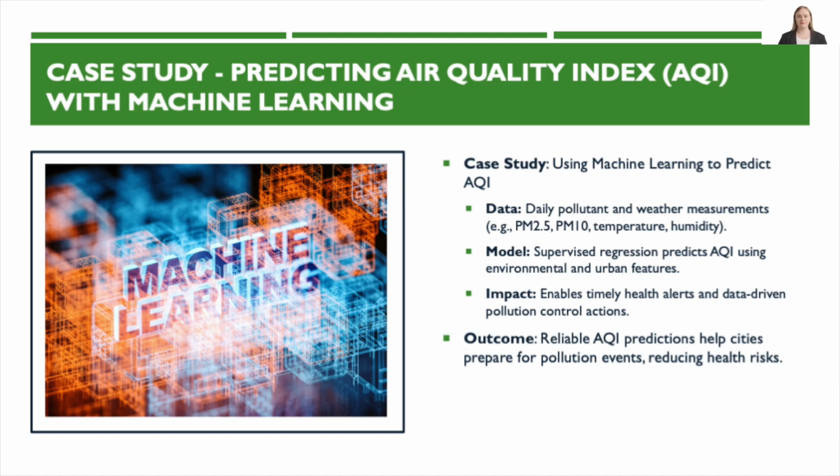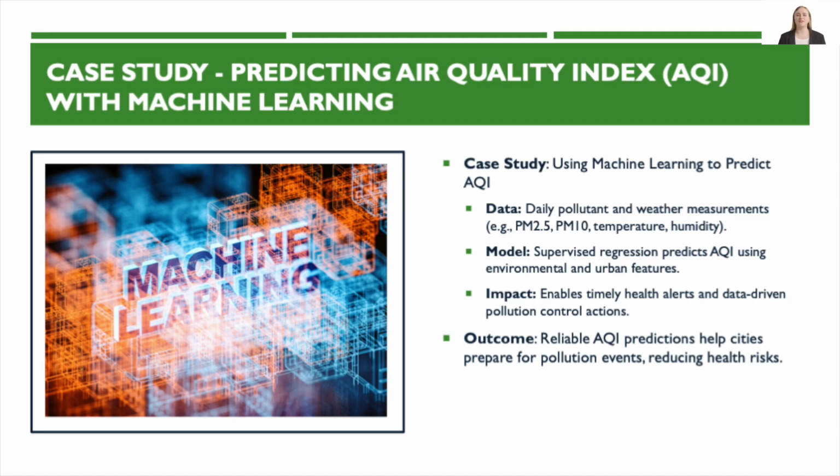Using regression, we train the model to predict the AQI based on pollution levels and weather data. The model could be further enhanced by adding variables like wind speed or traffic density for urban areas. Outcome. By accurately predicting AQI, cities can issue alerts and take measures to reduce exposure during high pollution periods. Reliable AQI predictions ultimately support public health by enabling proactive responses to pollution events.